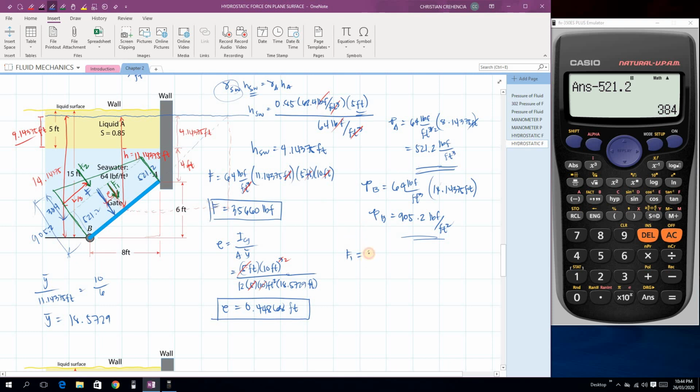So we have 521.2 pound force per square foot multiplied by area kung saan siya naka-apply, 5 feet by 10 feet. Okay? So yung force 1, 521.2 times 50. So makukuha natin yung 26060 pound force. Okay? Para sa F1.